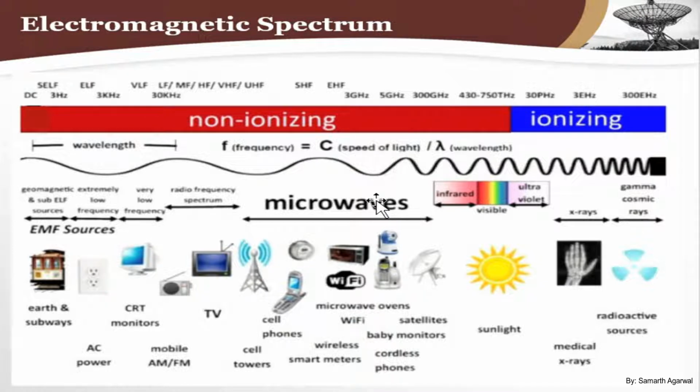Also, microwave ovens work in that frequency range only. That's why it is named a microwave oven. Then we have the visible light, which is in between the infrared and the ultraviolet. That's why here we have sunlight as the image corresponding to that.